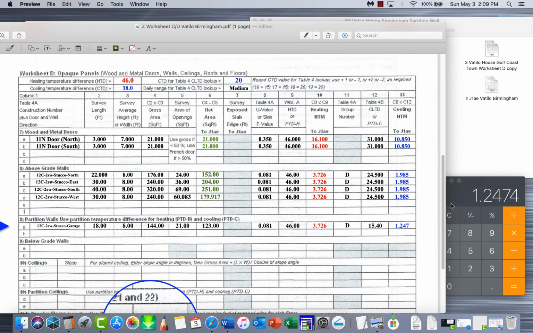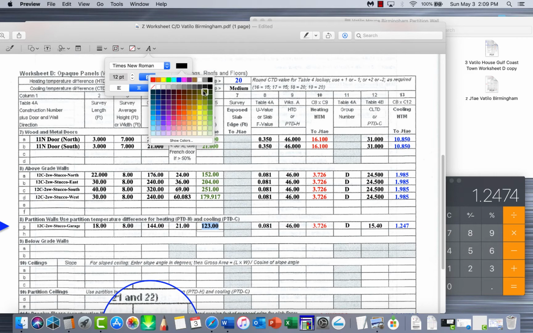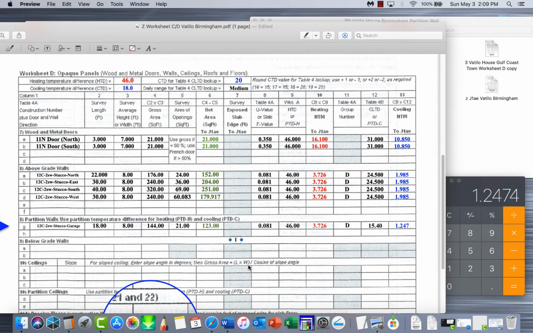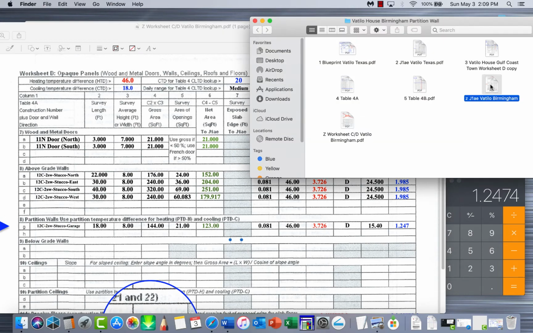And remember, anything that's not exposed directly to the outside and has a temperature differential between it, we're going to want to use that. All right, now we're going to change this one here to green because it needs to go to our J1ae. So we got this, this, this, and this. It needs to be transferred over to our J1ae. Let's bring it up.